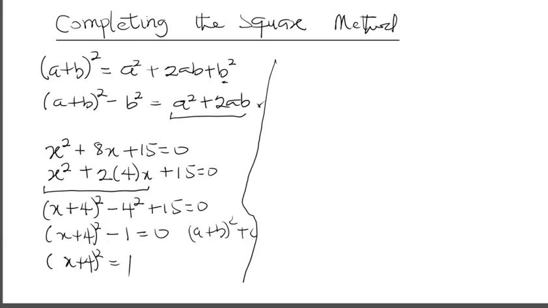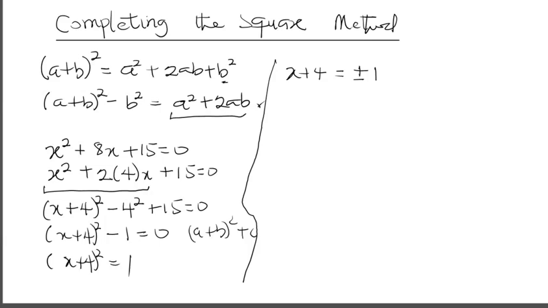To solve for x, I need to take square root on both sides. If you do so, that gives us x plus 4 is equal to square root of 1. That will be positive or negative 1.